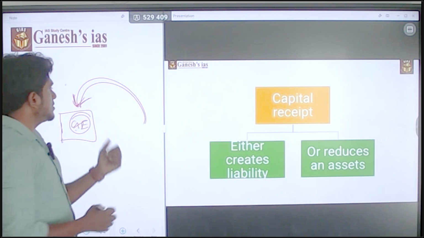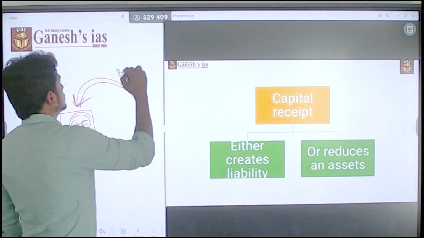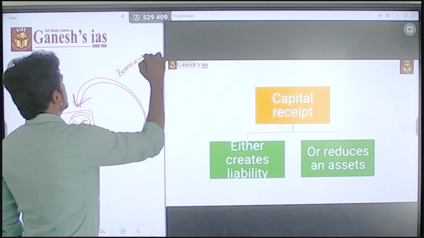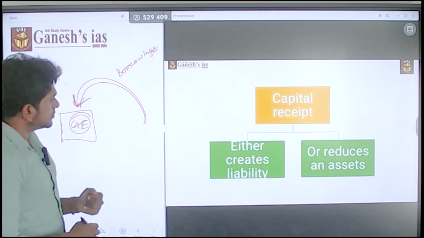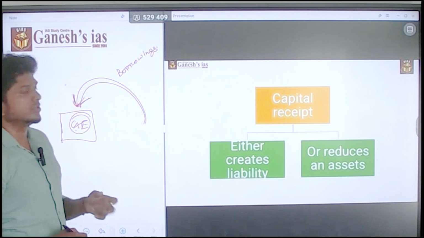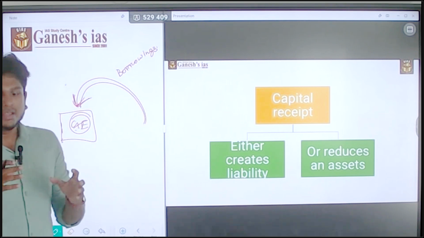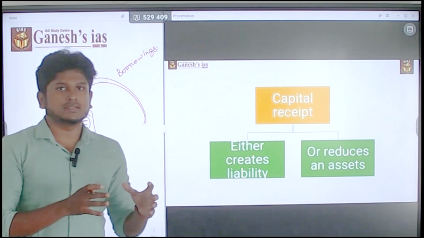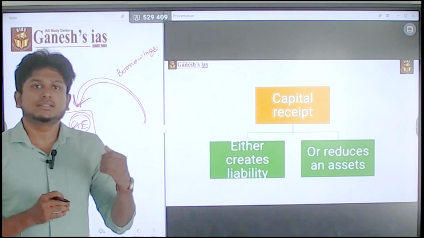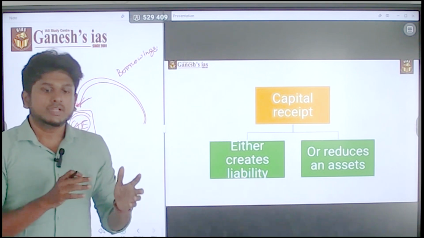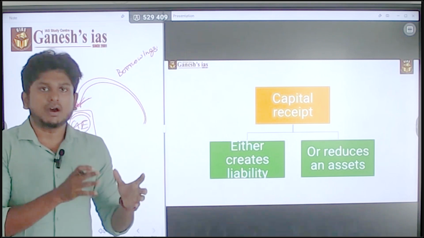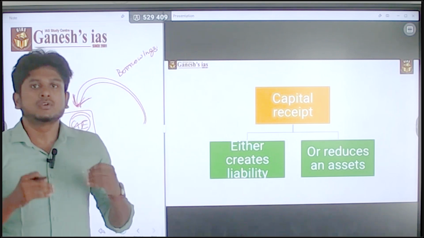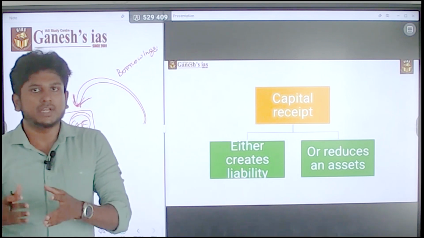So by means of borrowing. Next, or it reduces the asset. Consider that the Indian government has certain assets, let's say BSNL. The present government has a thought of selling all the shares of BSNL, so they are going to sell it to the private sector.